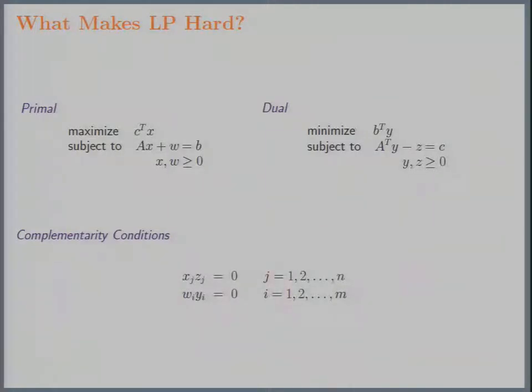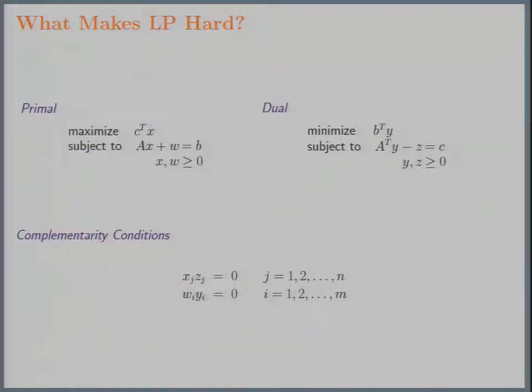And one way to finesse that is to, instead of saying that the primal and dual objective should be equal, let's say that we satisfy the complementarity conditions. Because as I believe I showed the other day, it's also true that if you're primal feasible and you're dual feasible and you satisfy complementarity conditions, then you're optimal.